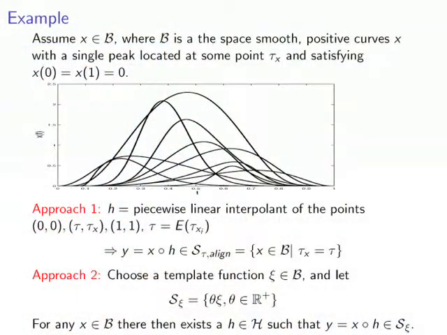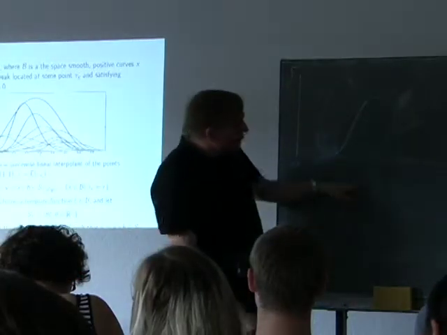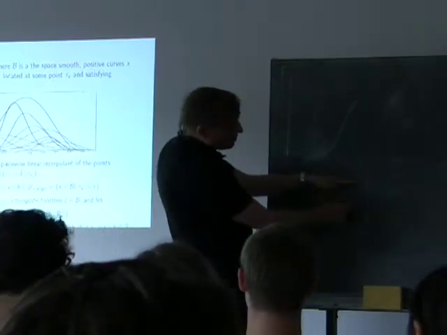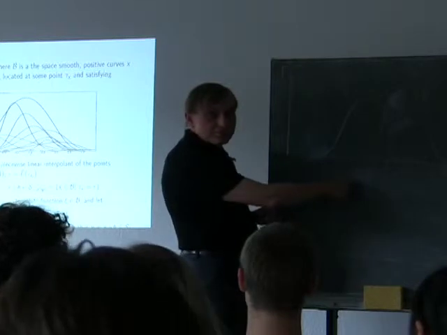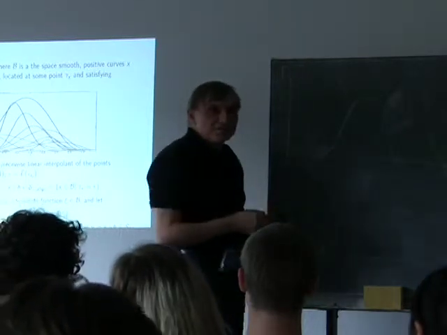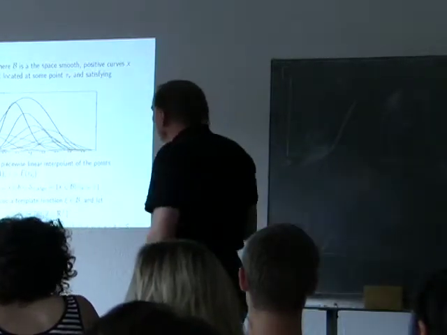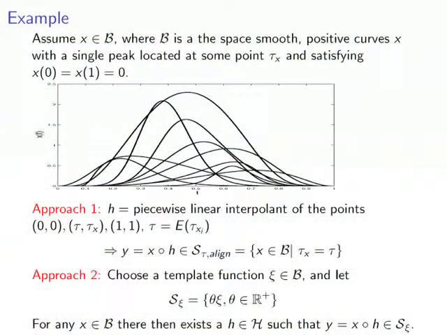Let the synchronized space be the space of all functions which are just an amplitude parameter theta times this template function. So if I choose this as the template function, then the theta is just a parameter that brings this height to this height, and this height to this height. So that's another way, and I then use a registration such that after eliminating these amplitude differences, the curves are identical.